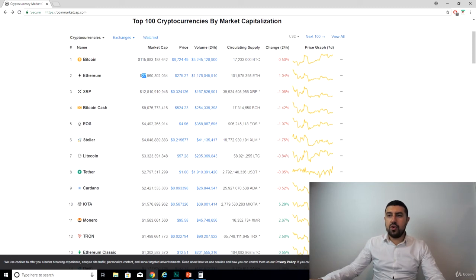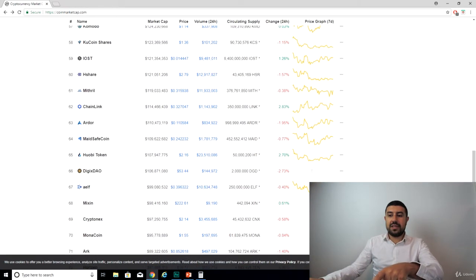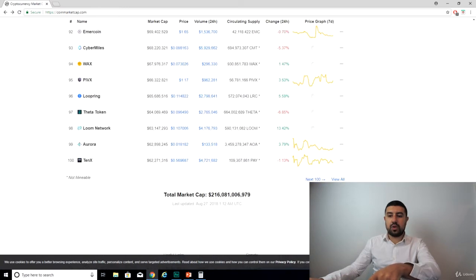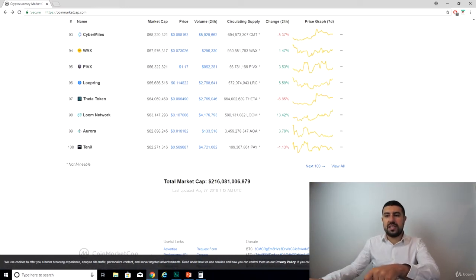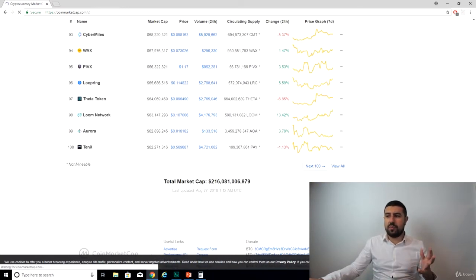If I go from Bitcoin to the 10th largest cryptocurrency, which as of now is IOTA, Bitcoin is 100 times bigger, and that's the 10th biggest coin. If I go down the list, look at these coins, way smaller. The 100th coin is only 62 million. That's very small compared to Bitcoin.